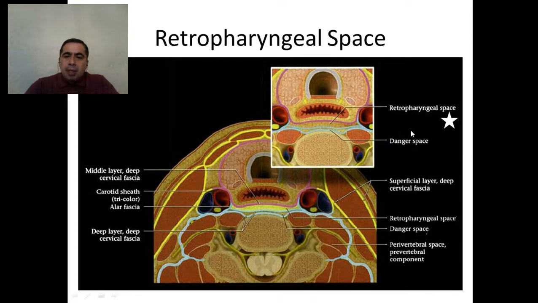The retropharyngeal space is very rich with loose connective tissue and lymph nodes, and these lymph nodes are involved during several purulent processes, inflammation of the paranasal sinuses, of the nasal part of the pharynx, of the infections or other processes of the larynx. These nodes can be involved in these processes.